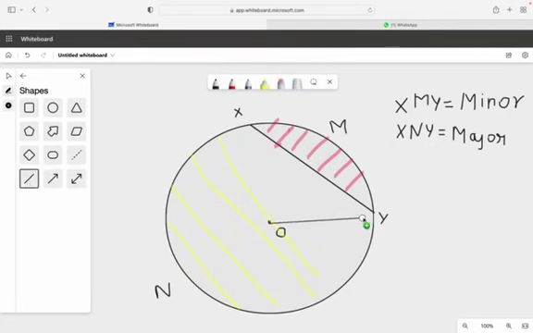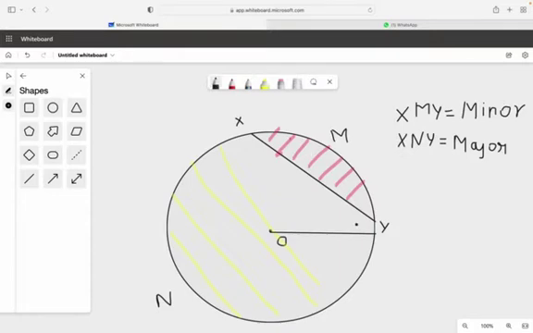So OY, okay, if you look at the center here and name it as J, just name it as J. OJ is one of the radii. OJ equals radius. Yeah, OJ would be the radius.